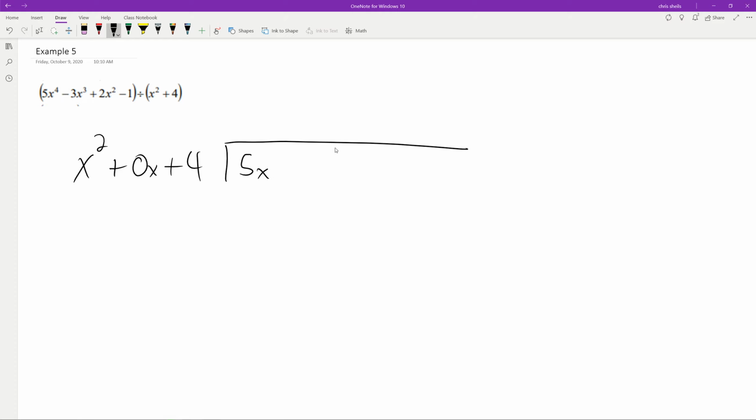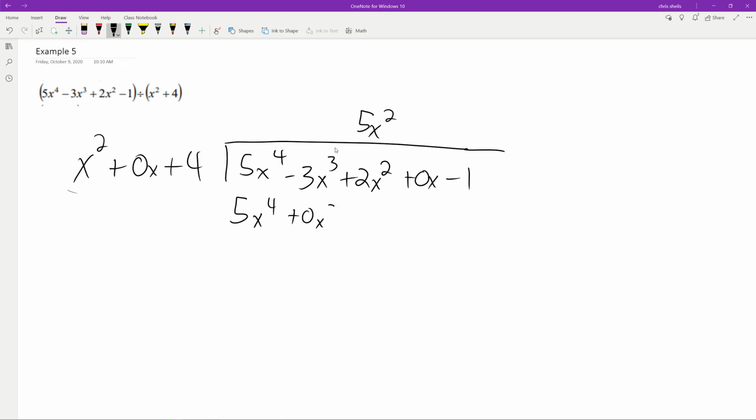I have a third power, I have a second power, I don't have a first power, so I need to have a placeholder there. X squared goes into 5x to the fourth, 5x squared times this entire thing, 5x to the fourth plus 0x cubed plus 20x squared.